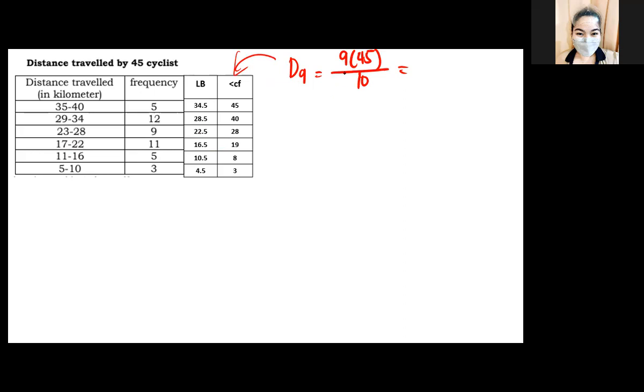Nine times 45 divided by 10, we have, ito magandang example to. Tagal naman, mag-cellphone kayo, mag-calcule. Mag-install kayo ng calculator. 40.5 po. 40.5.